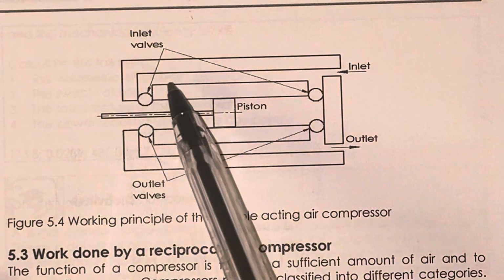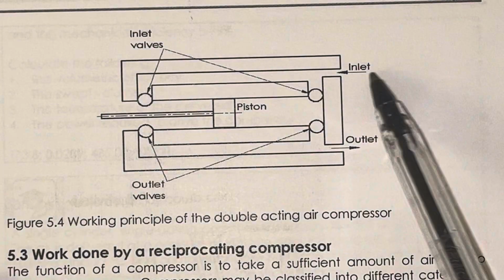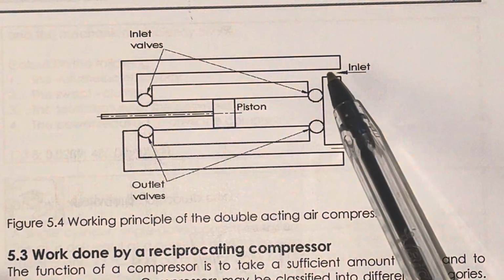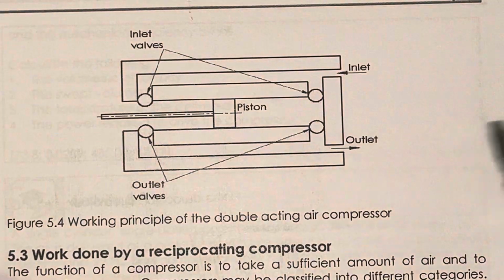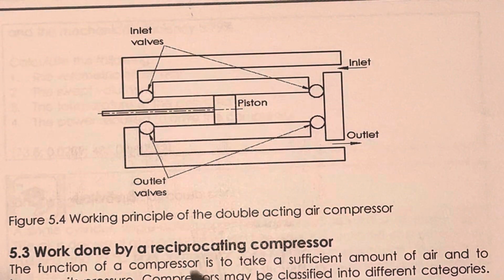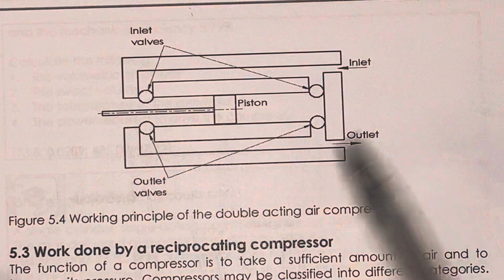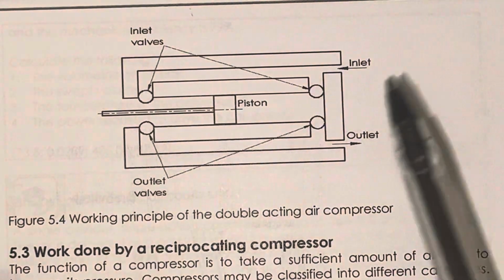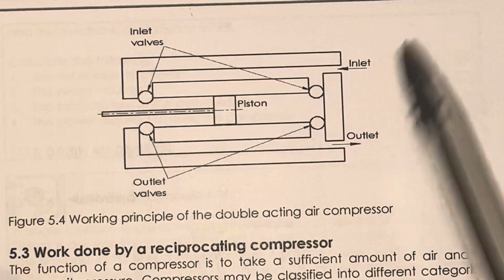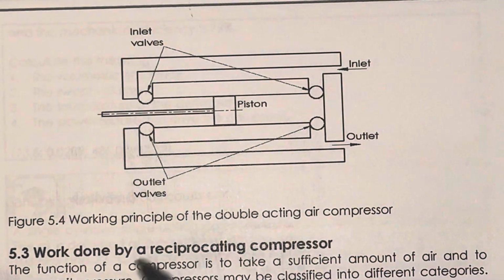When I say inlet valves, it's important to note that on top is your inlet. Then here at the bottom, this channel, this passageway, is otherwise known as your outlet, associated with your outlet valves. Now this is a graphical demonstrative way of indicating the working principle of a double acting air compressor.